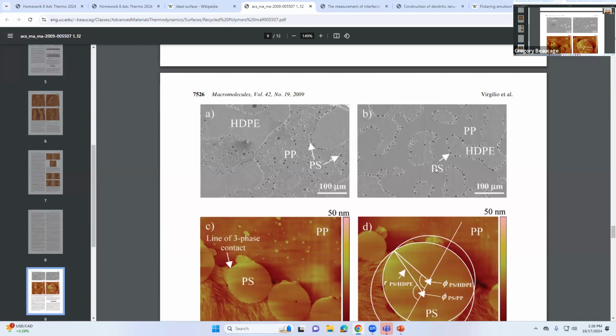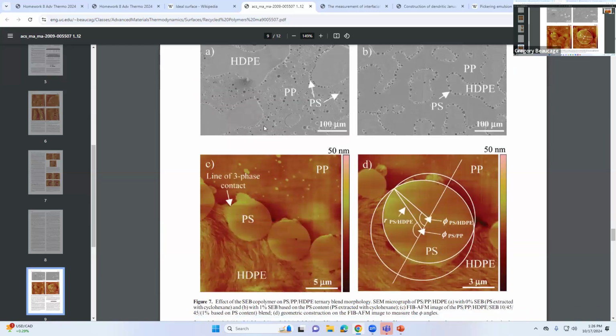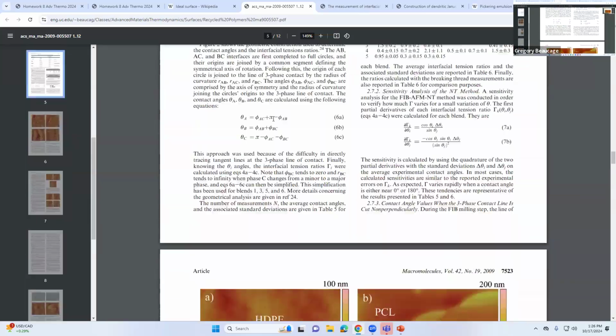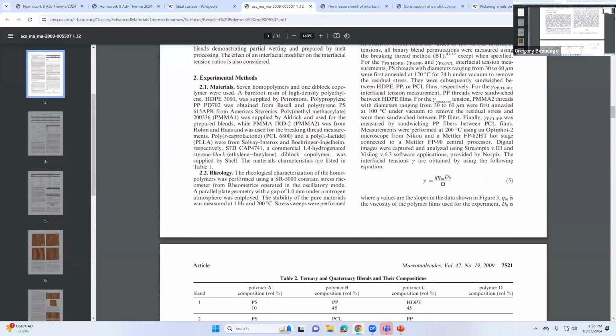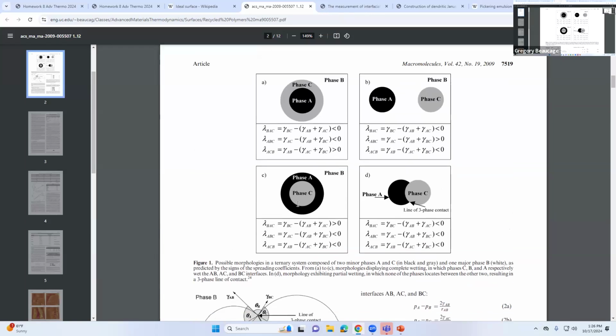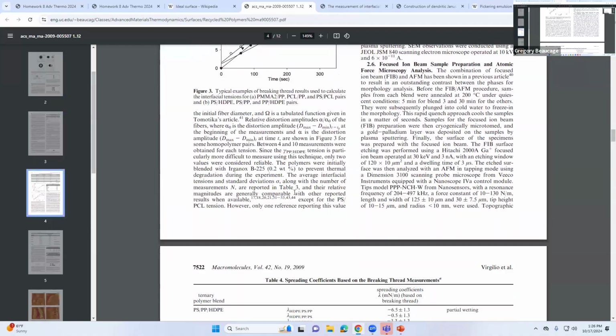So the polystyrene would stabilize the high density polyethylene phase in this case. And he can predict when that's going to happen. He discusses how to predict it from these mixing coefficients. It's not shown here. Basically, he says how you would get a Pickering emulsion.